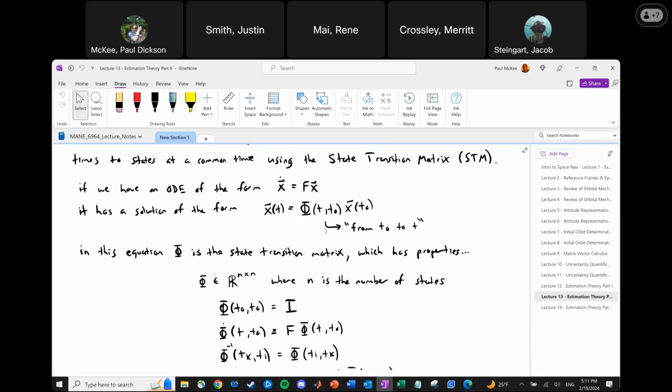The two-body equations are nonlinear. However, we can linearize them. We can create this phi matrix over sufficiently short time spans. We're just hoping that we can get away with it. So whenever we linearize, which is a lot in engineering, we now have to play in the region around the point where we linearized. And we know that if we stray too far, things start to fall off the rails. And we're used to that by now.